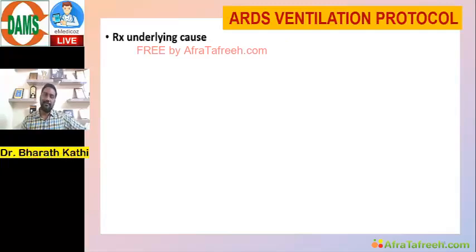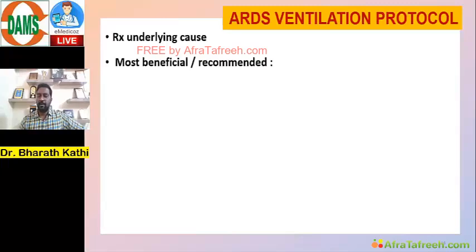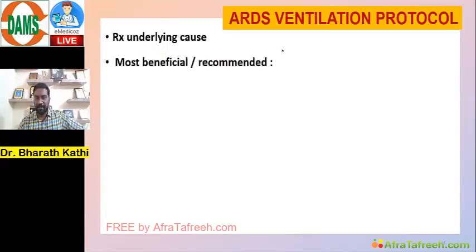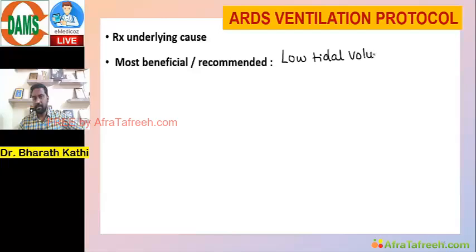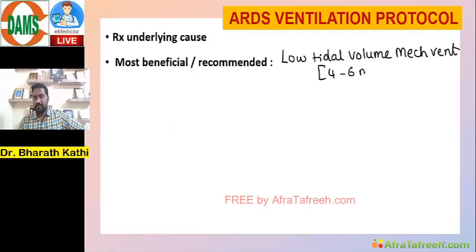So start treating the underlying cause, and the most beneficial, recommended mechanical ventilation in ARDS is low tidal volume mechanical ventilation. It means we should give 4 to 6 ml per kg body weight.